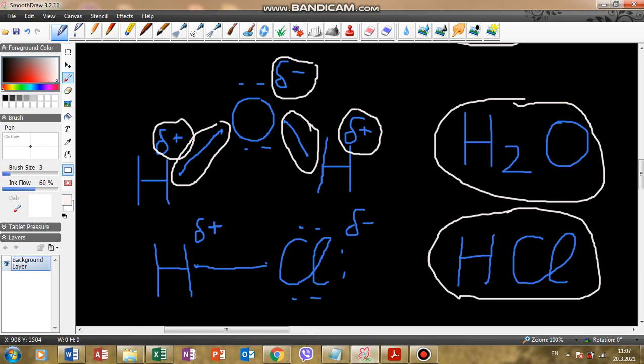Also here in hydrogen chloride we have a chlorine atom, which is more electronegative than the hydrogen atom, and for that reason the chlorine atom attracts these shared electrons more towards itself. That is why the chlorine atom here is partially negatively charged and hydrogen is partially positively charged.